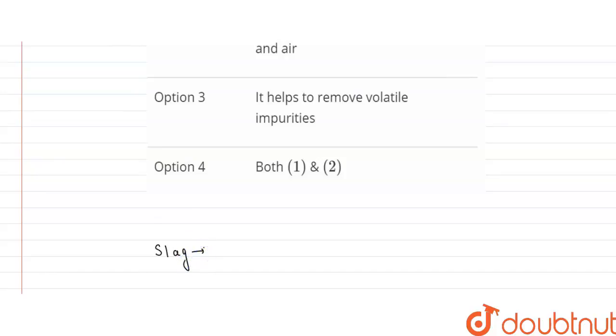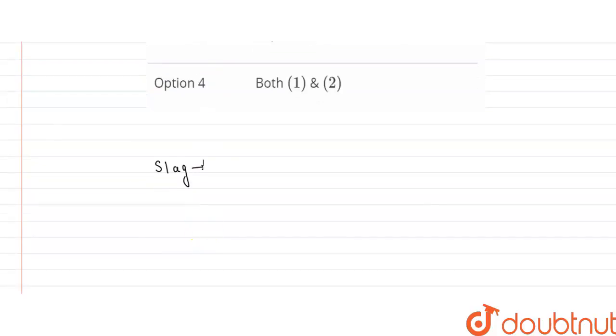Slag is nothing but it is basically impurities, impurity of silicates, aluminosilicates and other impurities which are commercially unimportant.